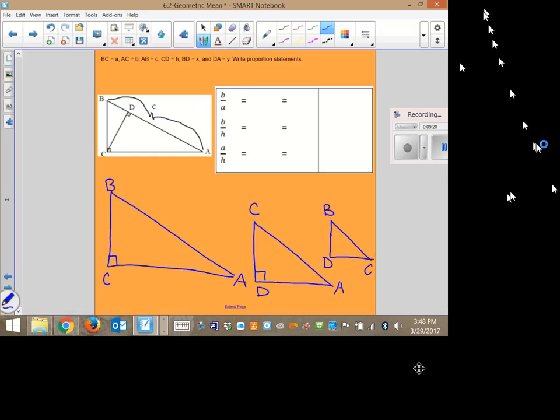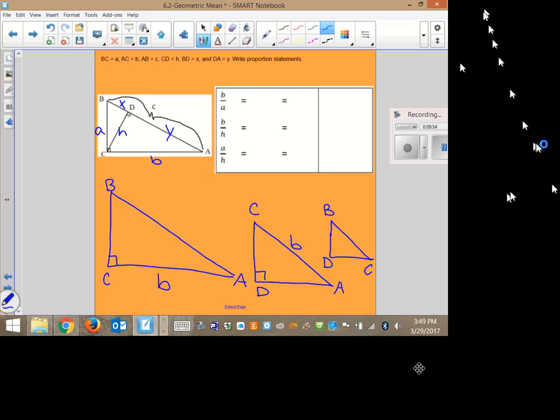All right, on your notes, you will see that we have this labeled as H, this labeled as B, this labeled as A, and then up here we have X and Y. So let's label our three triangles on here. We have AC is B, so we see that a couple places.